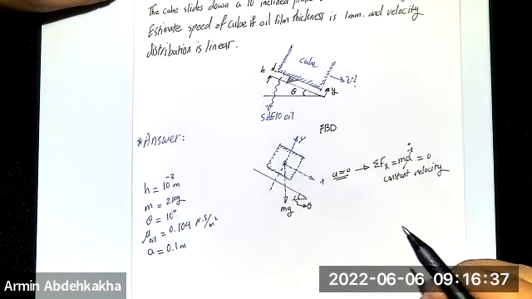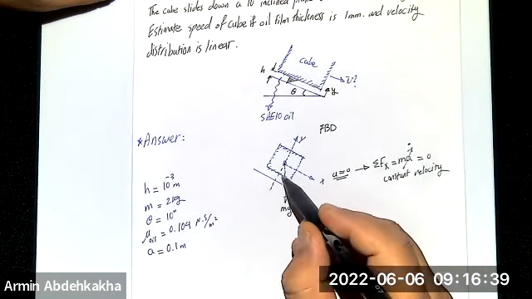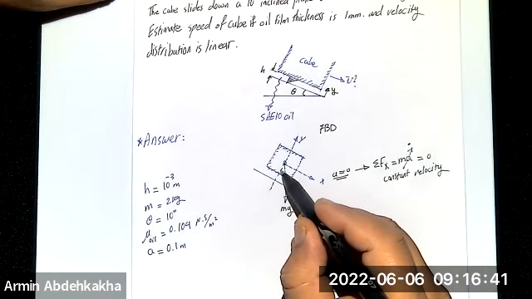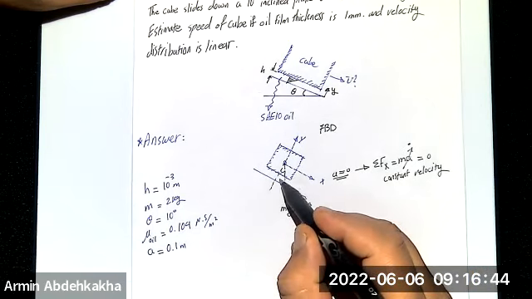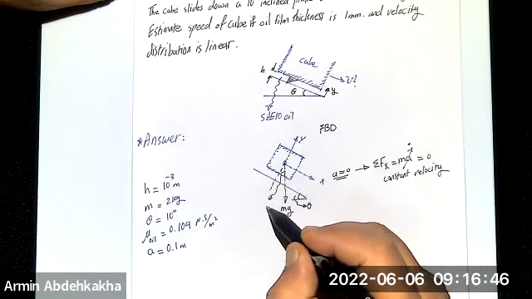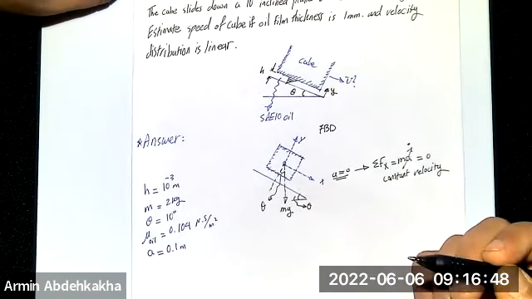Perfect. The second thing I'm going to talk about is how we find what the angle is here. This angle is theta. But how can I find it?